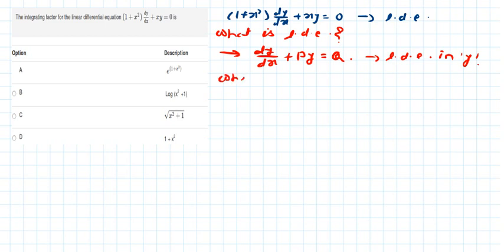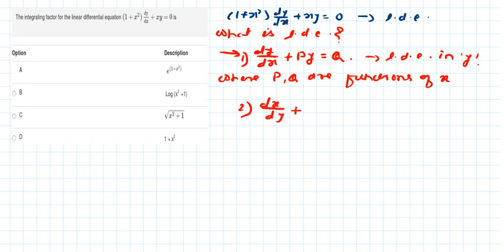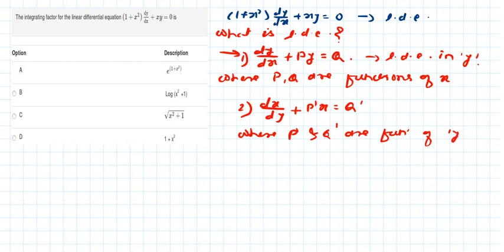Where this p and q are functions of x. There is one more linear differential equation, the second one, like this: dx by dy plus p dash into x is equal to q dash, where p dash and q dash are functions of y alone.